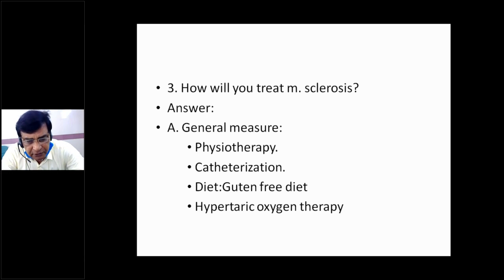And diet, gluten-free diet. Barley is a gluten. So this gluten-free diet is preferred. And hyperbaric oxygen therapy. Oxygen therapy is needed in some of the patients.